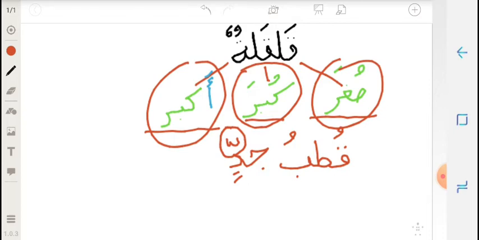So just to recap, sughra is when it's in the middle of a word. You would produce any of these five letters with a light echo. If it is kubra, that comes on the end of a word, and typically you'll always have it on the end of an ayah, in Surah Al-Falaq, for instance, and Surah Al-Ikhlas.